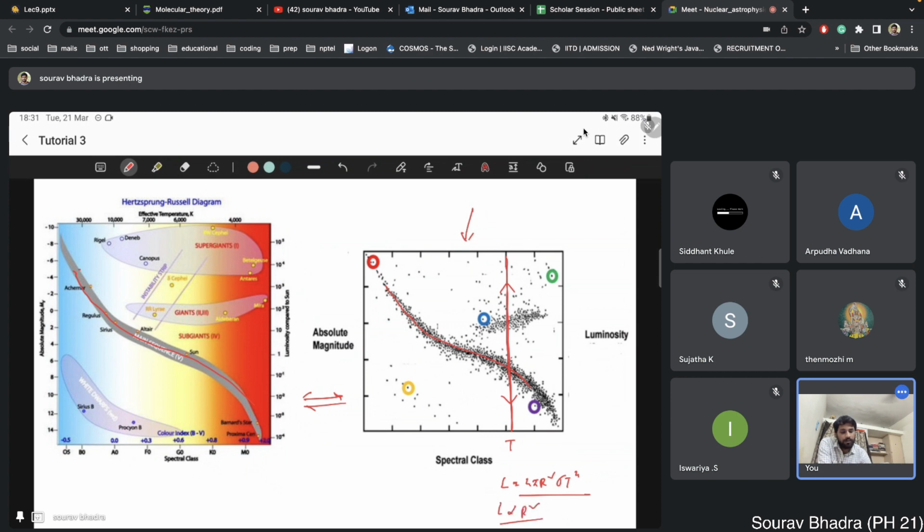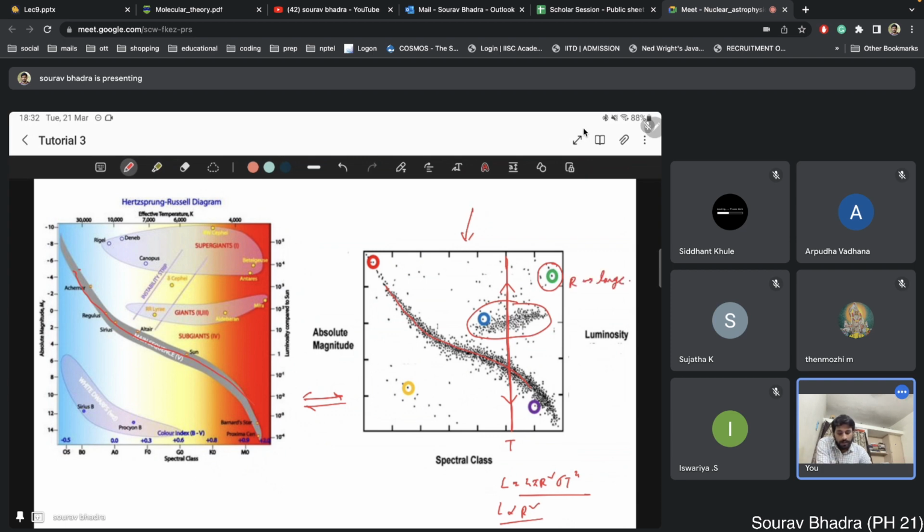That means when we go to a higher luminosity side, we are going to a higher radius object, and higher radius objects means supergiants. So these are the supergiants, and a little smaller than the supergiants are called the giants, where r is very large.